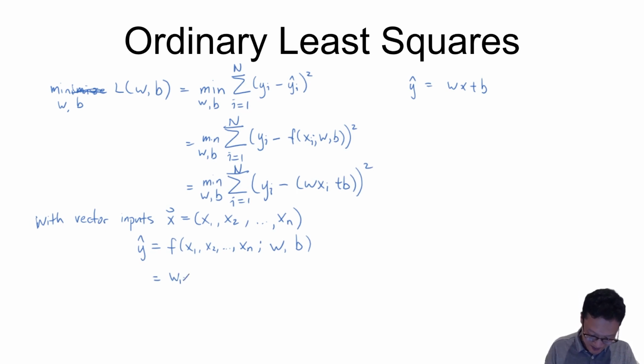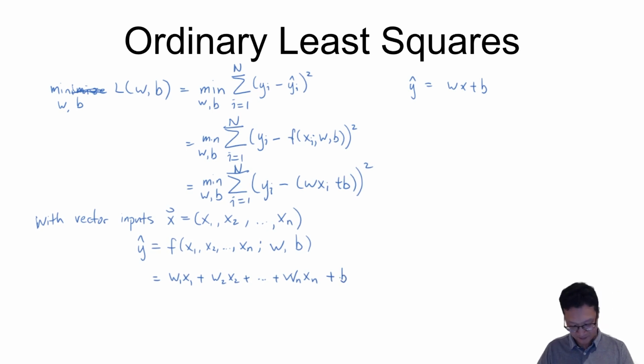For x1, we multiply by w1, and then we have w2 x2, plus until wn xn, and then plus b at the end. This is the most straightforward generalization of our previous scalar model.